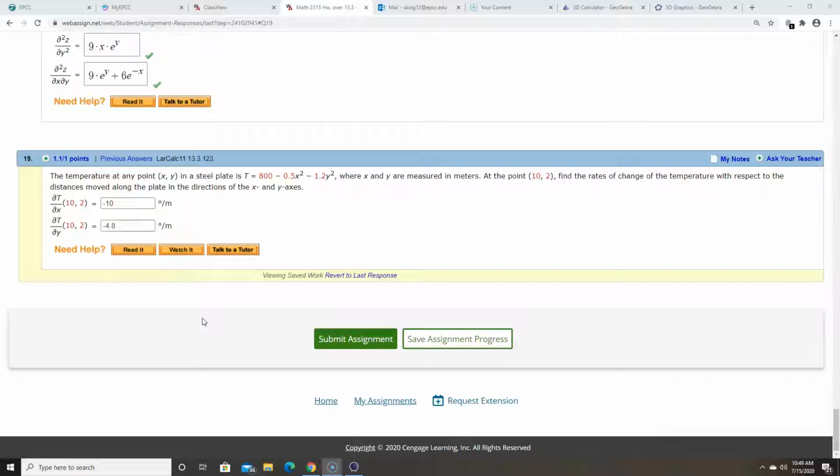Now we're able to look at the partial derivative of a two variable equation, which is a surface. And I would like to first show you a picture from your textbook.